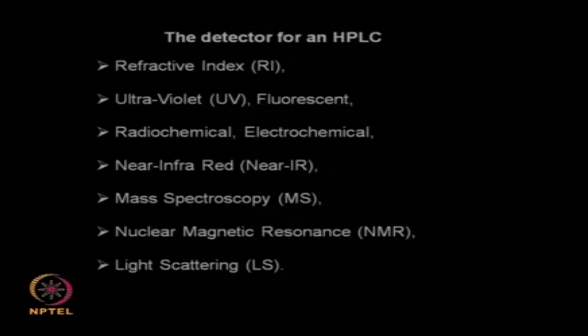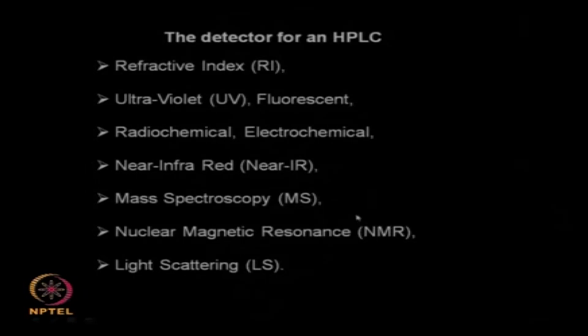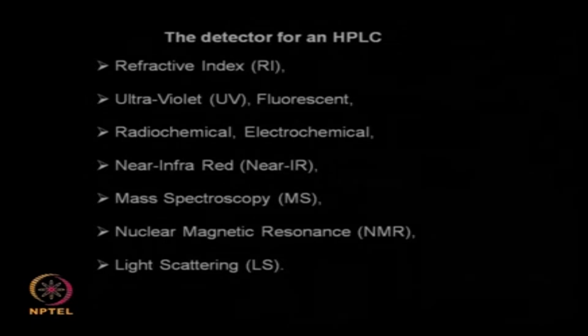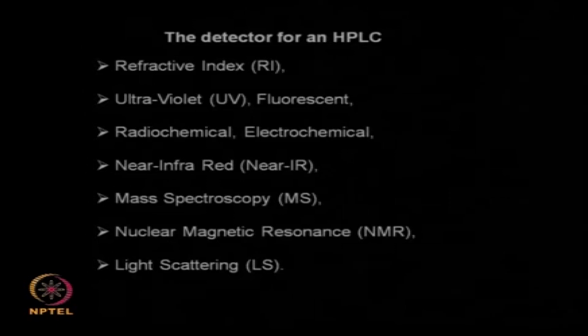You can have a near infrared detector. Then we can have mass spectrometry detectors. Mass spectrometry detectors can be used to determine the mass of the component. We can have nuclear magnetic resonance or NMR. So, it can identify the state of the protons or state of the carbons. You can have a light scattering detector. So, what happens here is, as the component flows, the light gets scattered, the light that is going to the receiver is diminished.